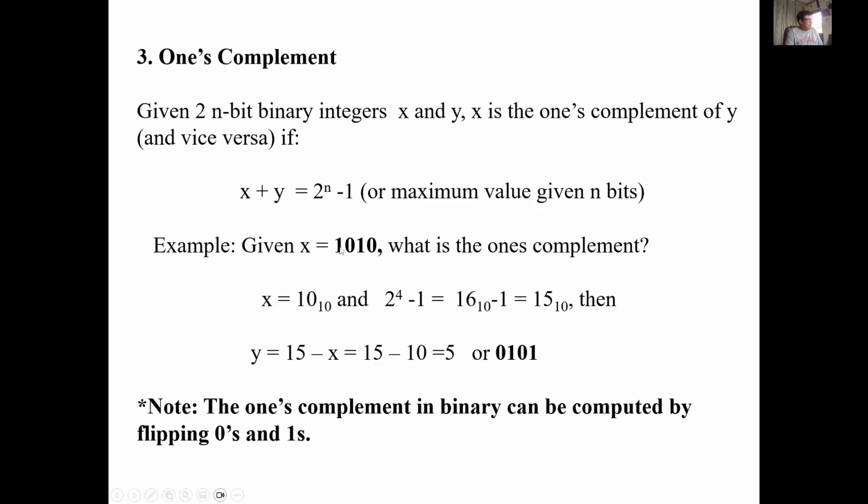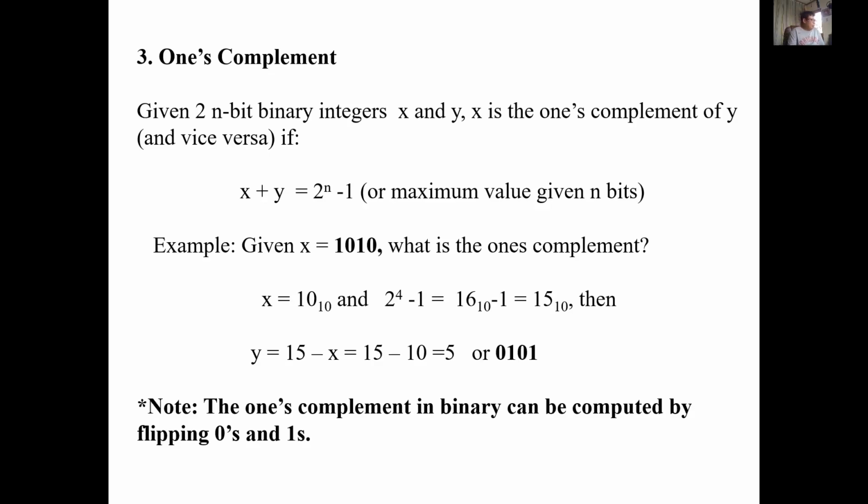So, for example, given two n-bit binary integers, if two numbers have the same number of bits, they can be said to be pairs or ones complements if their sum is 2 to the n minus 1. If they sum together as 2 raised to the n, minus 1, then they are pairs. They are called ones complements.